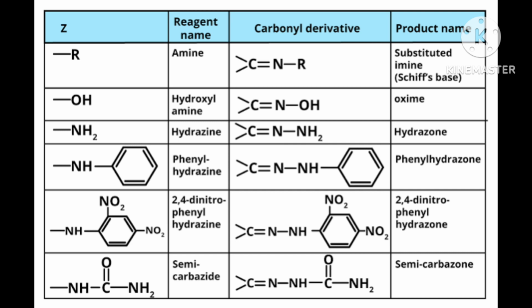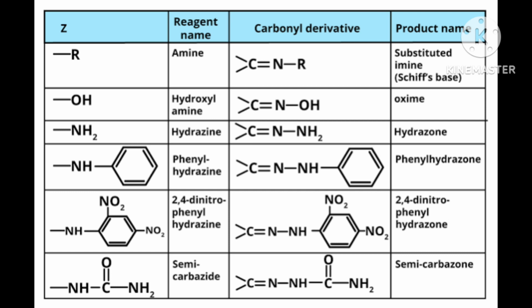But it will form C double bond NZ. It will form this C double bond NZ, and with the carbon, when it is an aldehyde, either one R or one H will be there, or if it is a ketone, both will be R or R dash, okay?